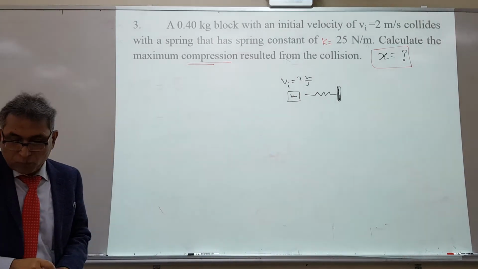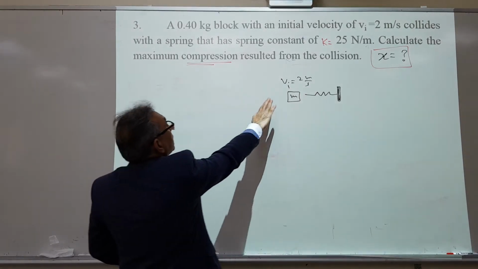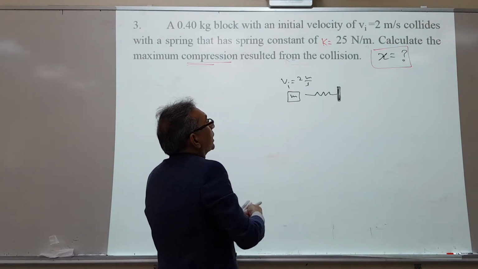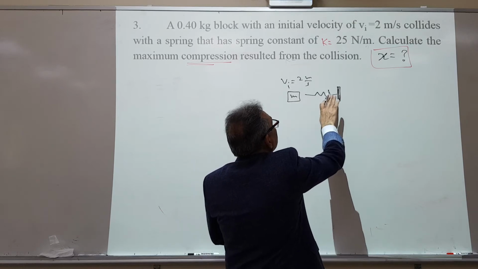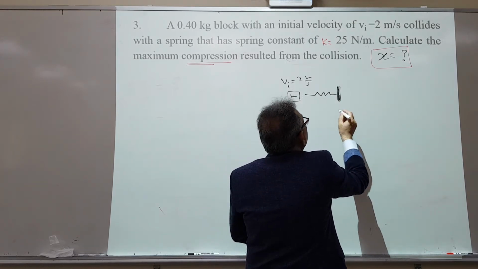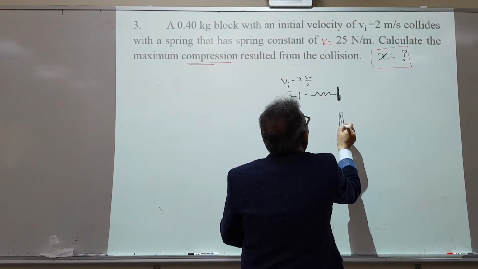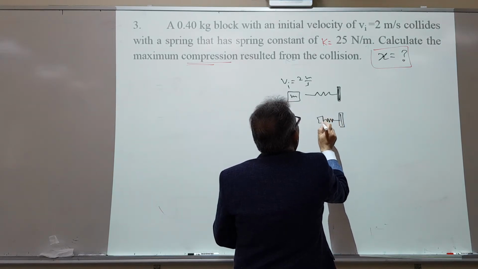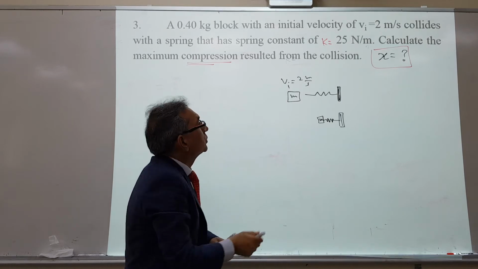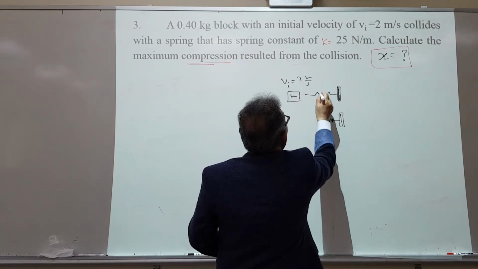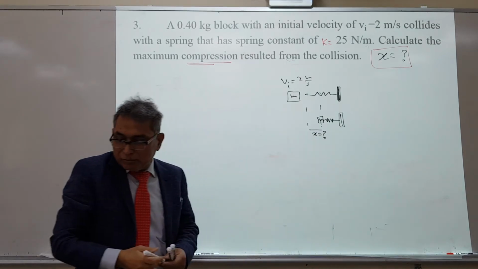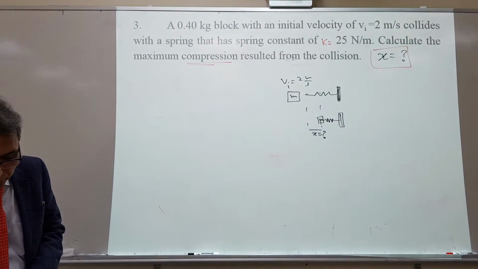Okay. You see, once this block is moving in this direction with 2 meter per second, it collides with the spring and it will compress it. So how much, x, you have to find out.